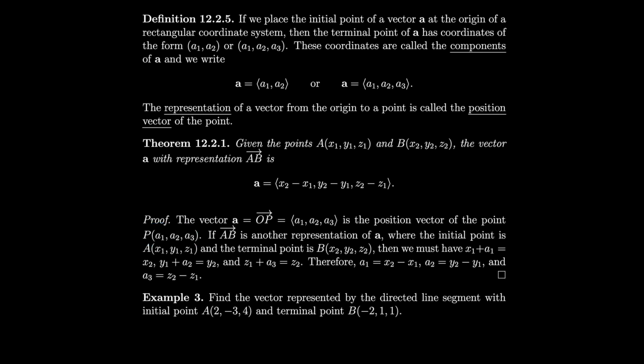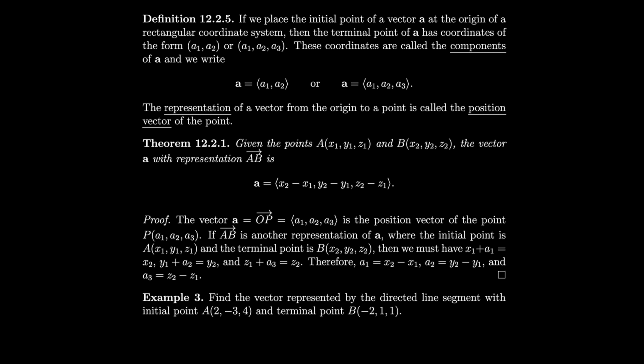Let's say that AB is another representation of a, where the initial point is x1, y1, z1, and the terminal point is x2, y2, z2. So then it must be that x1 plus a1 equals x2, y1 plus a2 equals y2, and z1 plus a3 equals z2. And then you can just subtract and see what a1, a2, and a3 would be.